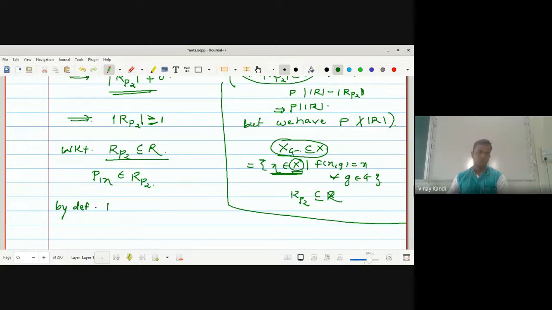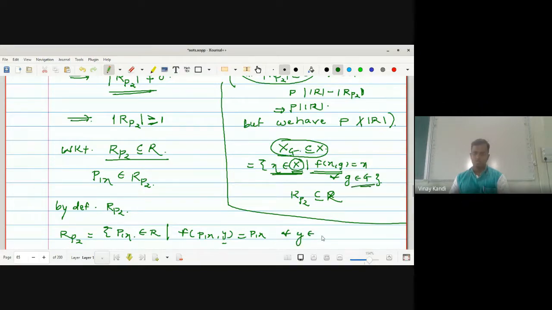Now by the definition of RP2, what is RP2? The nature of RP2 is equal to P1X belongs to R such that if P1X, G... म्हणजे तुमचा G काय आहे? Y एलिमेंट असेल. ओके, Y belongs to P2. ओके, हा P2 मधून आलेला असेल. is equal to P1X for all Y belongs to G. G काय तुमचा P2.